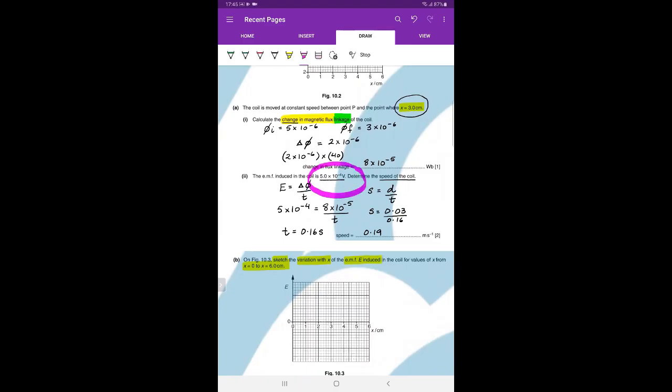For the first 3 seconds, the induced EMF is already given as 5 into 10 to the power of minus 4.